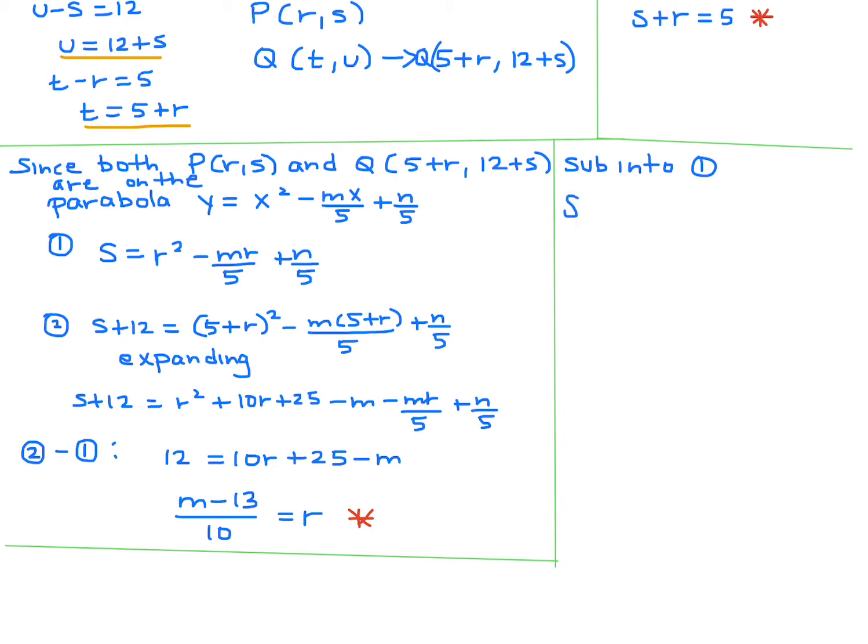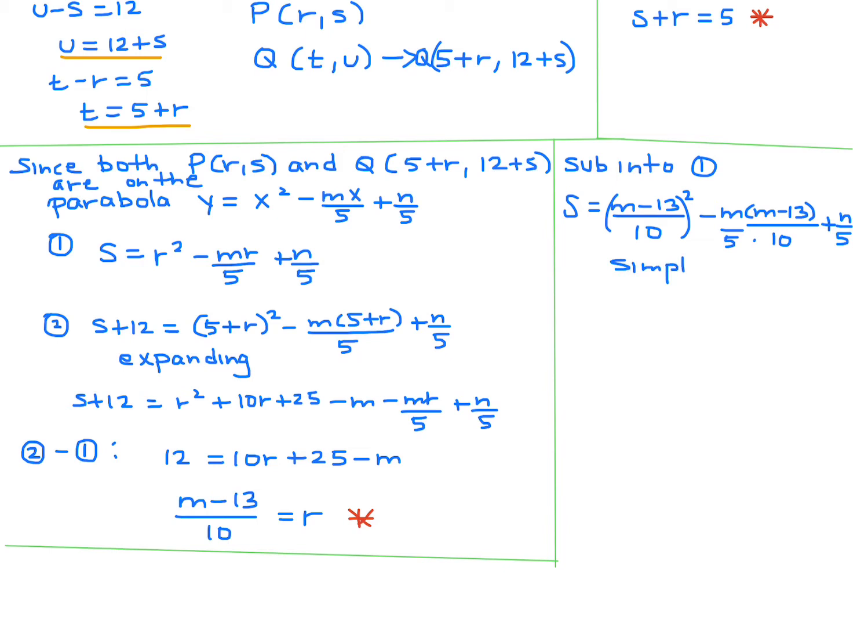And when I put that in, I get (M minus 13) over 10, all squared, minus M times R, which is (M minus 13) over 10. And then, of course, don't forget the 5 there. And then plus N over 5.